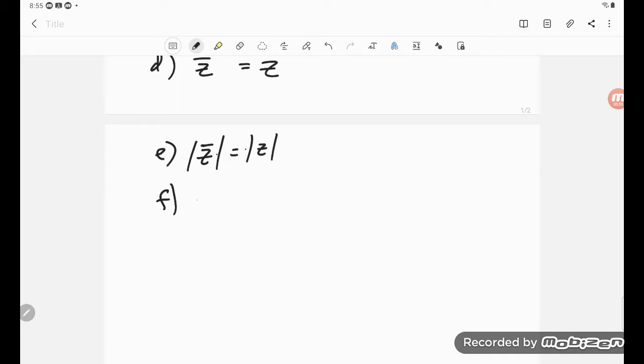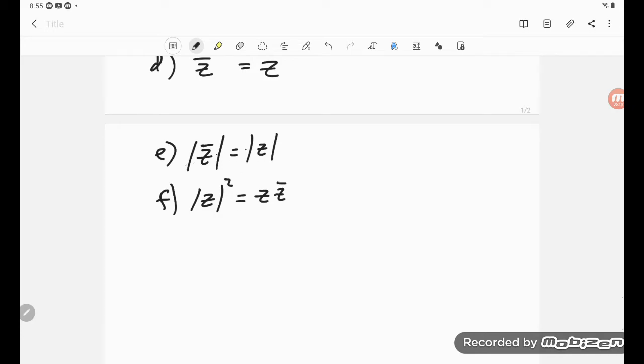F, now this is very nice here, that if you want the absolute value of Z squared, then you can take Z times Z conjugate.